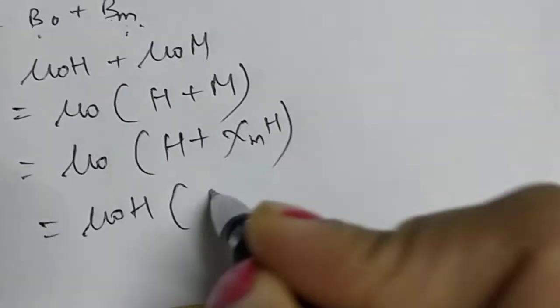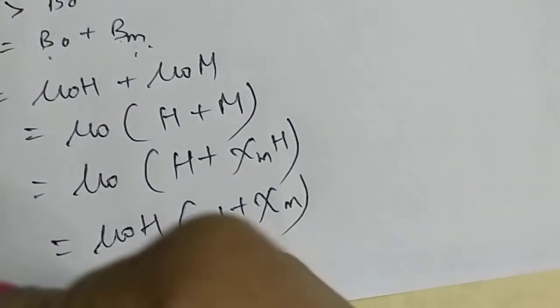Mu naught H into 1 plus chi m is equal to B.